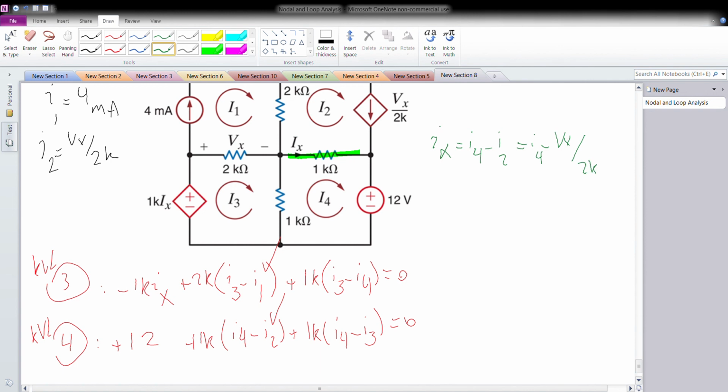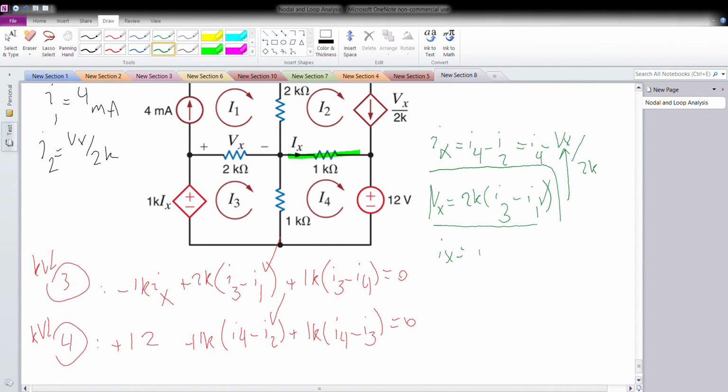Yes, I can. Vx, if I apply Ohm's law, is going to be 2k times I3 minus I1, based on the direction of the voltage. So basically I can write Vx in terms of this, and then if I plug it in there, I already know I1, so then my Ix would be in terms of I3 and I4, which are basically my 2 unknowns that I was trying to solve for.